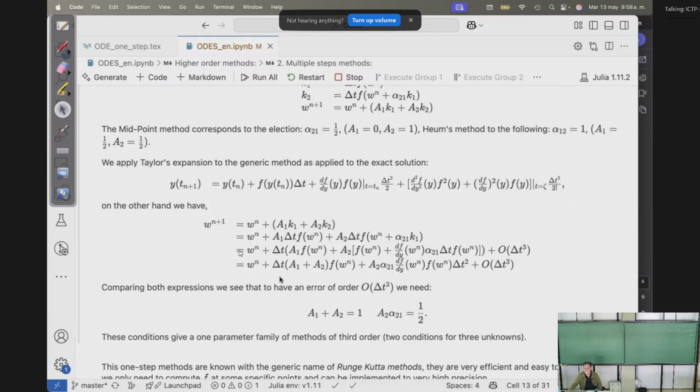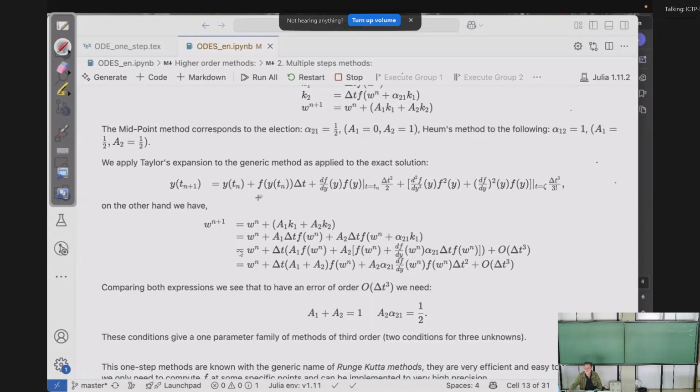And so you get, this should be Euler's, so the sum should be 1 because it's the first term. I'm comparing this with this delta t, and then I have the delta t squared, which is this here. So you see, I need to have a method that is third order, so it coincides with this.